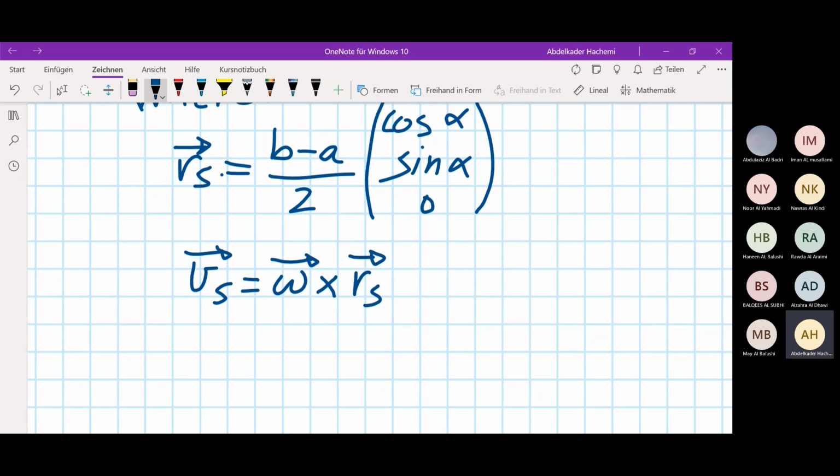Okay, this is the kinematic relation, and this will give here, this will be equal to b minus a divided by 2 omega sine alpha in the direction of z prime.